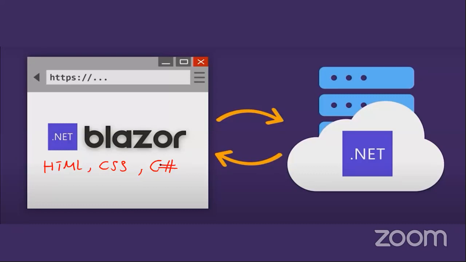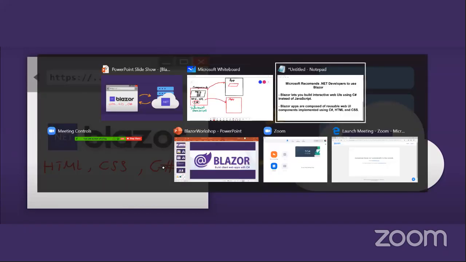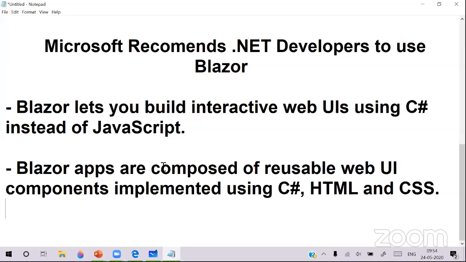So we will discuss what facilities it provides, in detail. But technically, I hope up to this part, many people clearly understood what Blazor is going to do for a .NET developer.